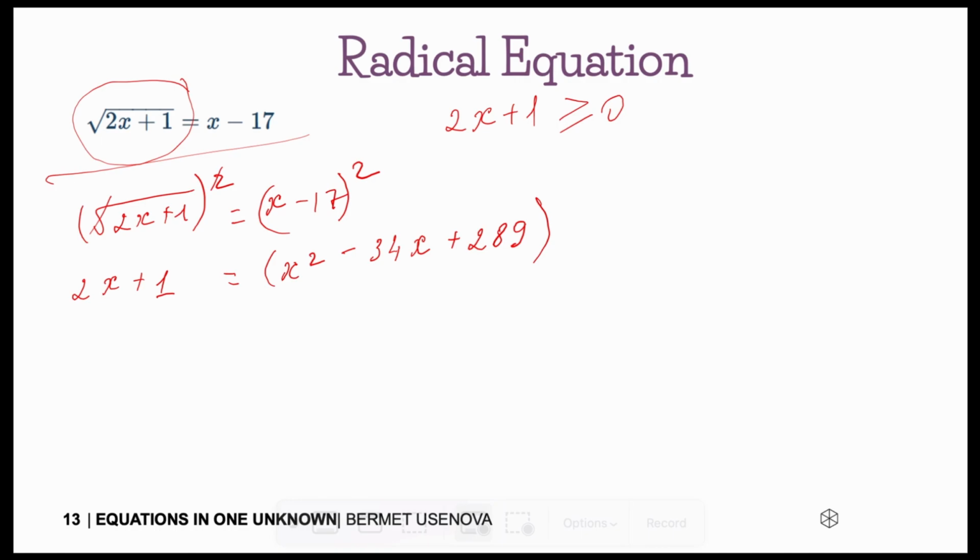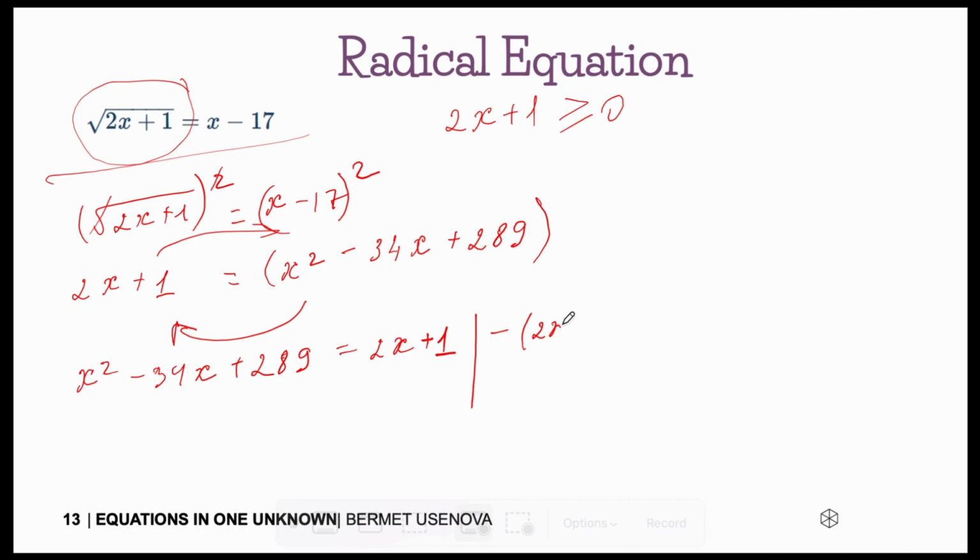And then we can move everything to one side. We can collect and simplify everything on one side. First of all, if you remember, we can swap this side and this side. So x squared minus 34x plus 289. And then we can subtract 2x plus 1 from both sides.